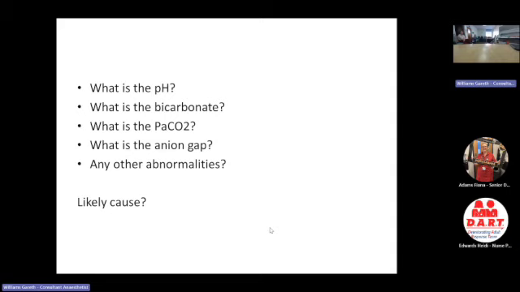And then the other thing that I've seen a lot in ACV is someone who comes in with a mixed acidosis, so CO2 is high and bicarb is low. In those patients, do you start the NIV for the respiratory acidosis? So for me, that would depend on what the cause is.